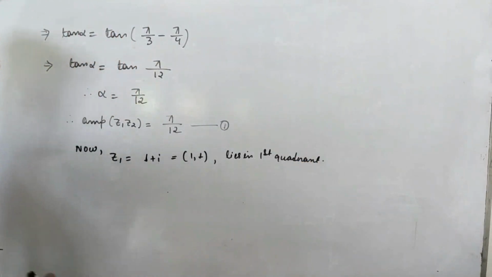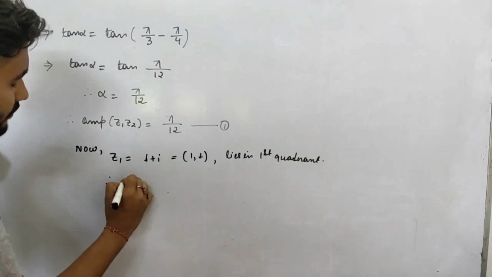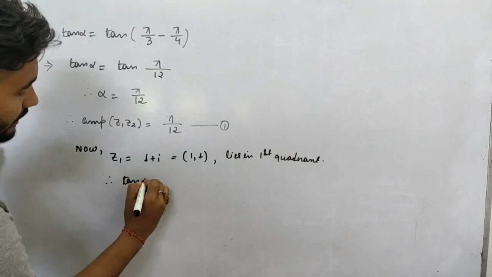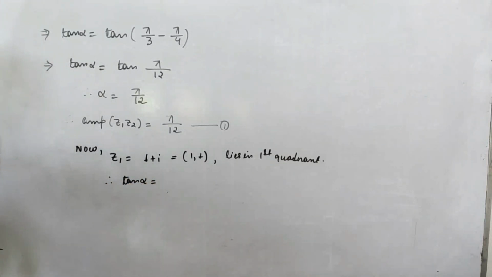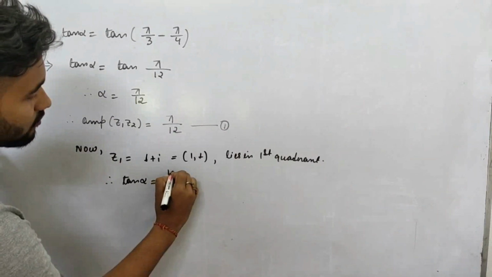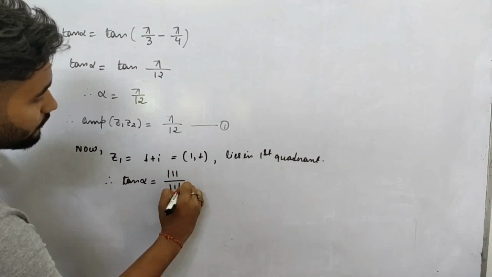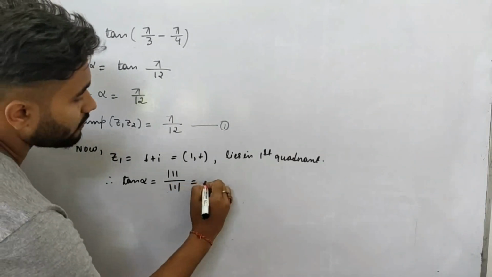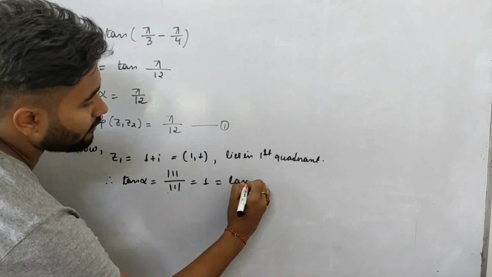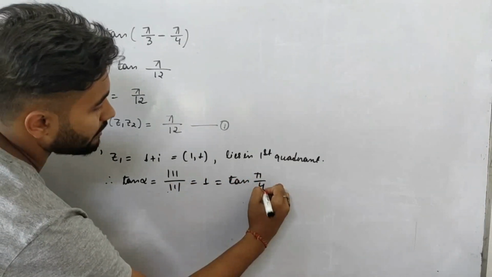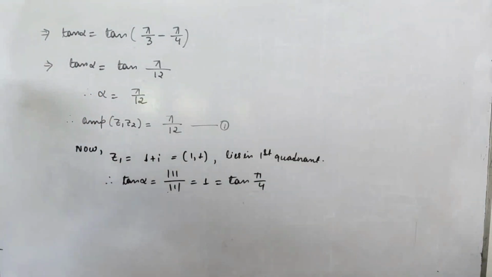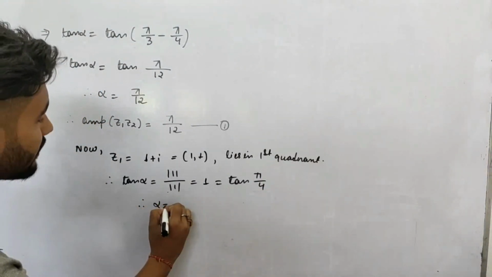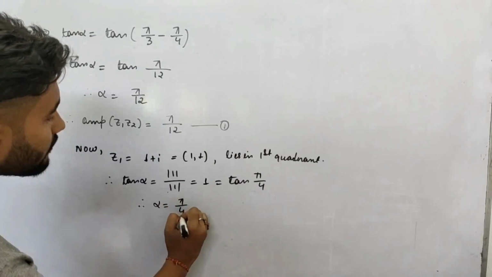Lies in the first quadrant. So again you write tan alpha will be equal to mod of y by mod of x, that is mod of 1 by mod of 1, which is equal to 1, which is equal to tan of 45 degree, that is pi by 4. So therefore alpha is equal to pi by 4.